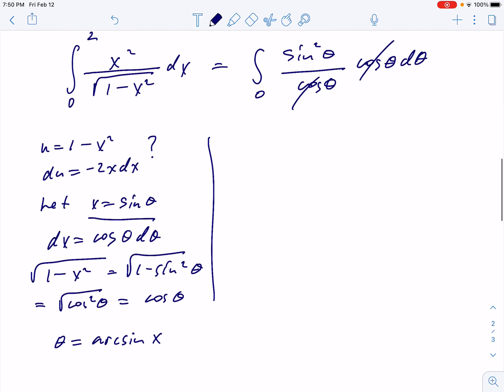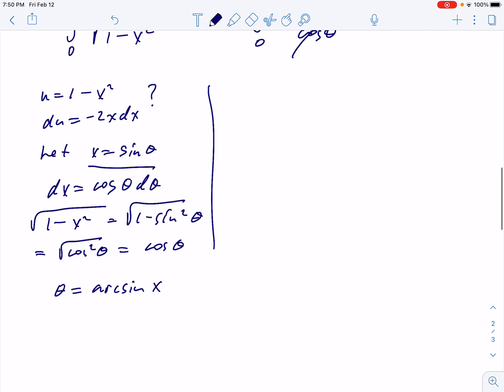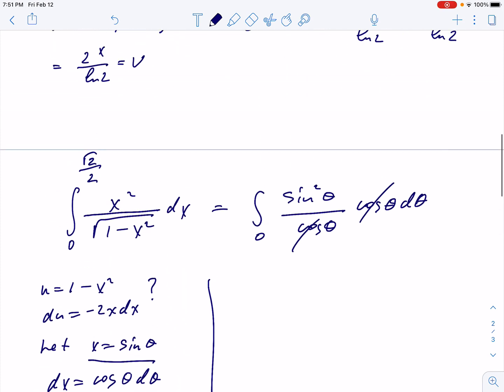Now when x is root of 2 over 2, what is arc sine of root of 2 over 2? What is the same, 1 over root of 2? Sine of what angle is this? Well, thinking about this situation, we figure out that this is pi over 4. So on the top, we have to put pi over 4.